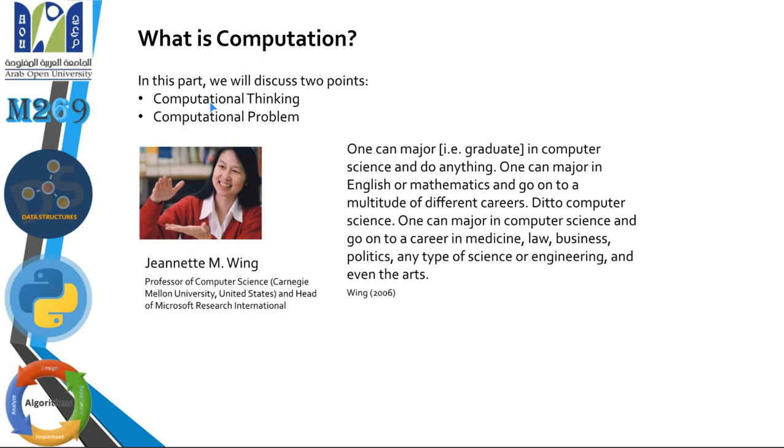So it's not a matter of what you study, it's a matter of how good you are in logic and problem solving. If you are good in computer science, you can get a job in any area, not only as a programmer. You will be successful in different types of sciences.